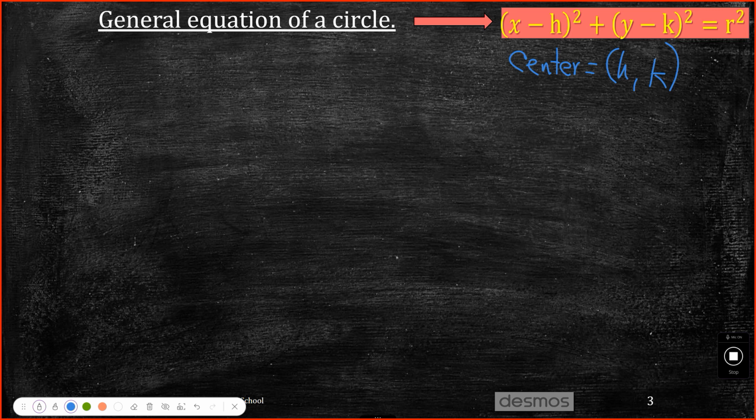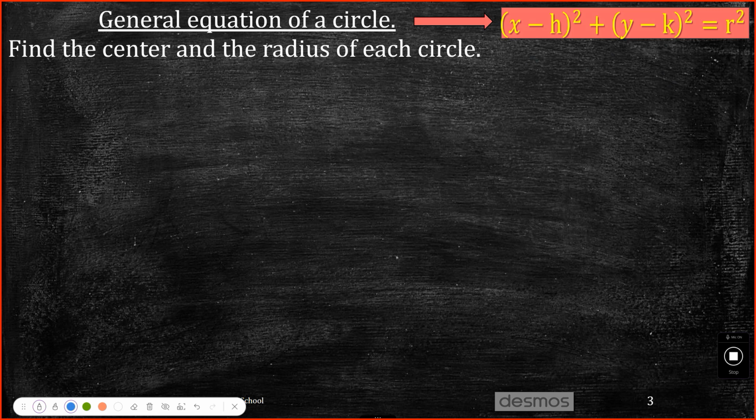R is the radius. Find the center and the radius of each of the following circles. All right, let's go.